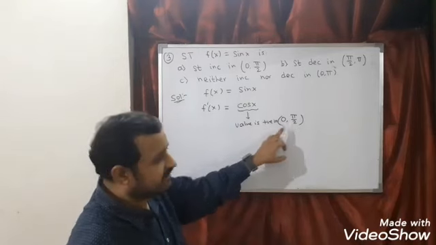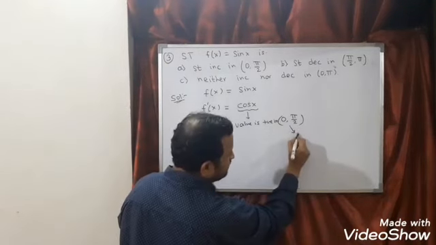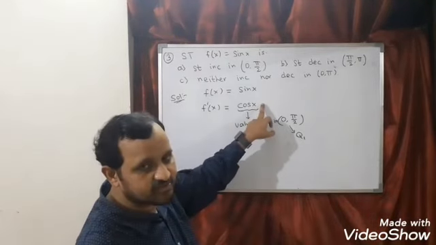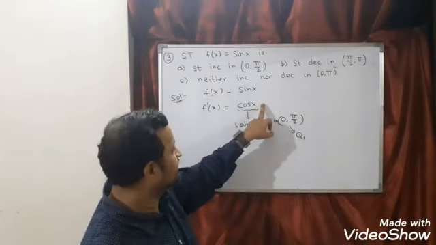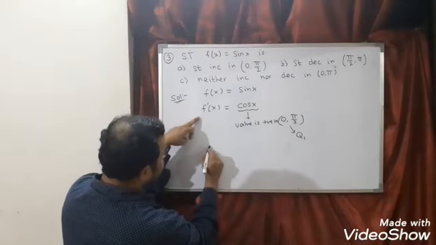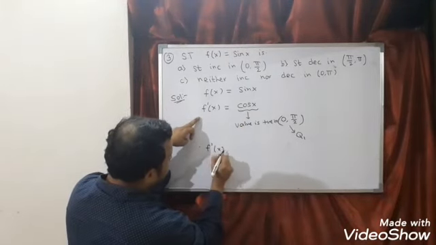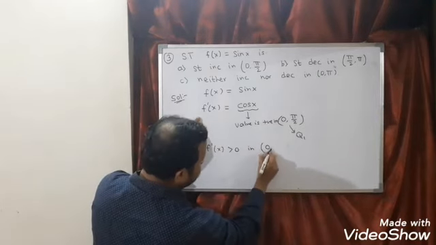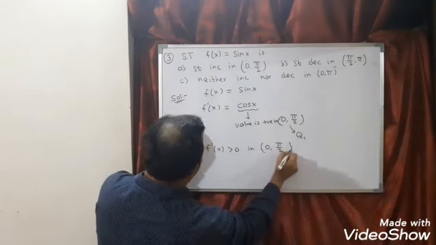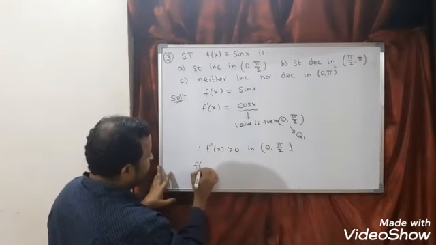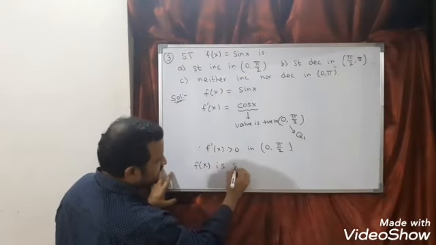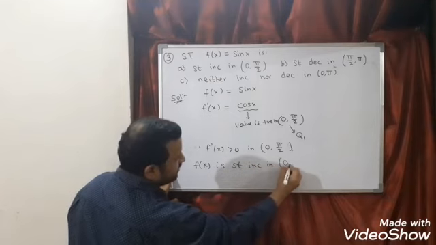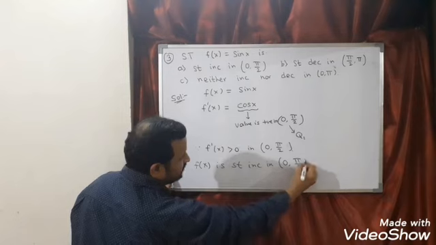This interval belongs to which quadrant? Can I say quadrant 1? In quadrant 1, cos value is positive or negative? Positive. So here I can say, since f dash x is positive in 0 comma pi by 2, f of x is strictly increasing in 0 comma pi by 2.